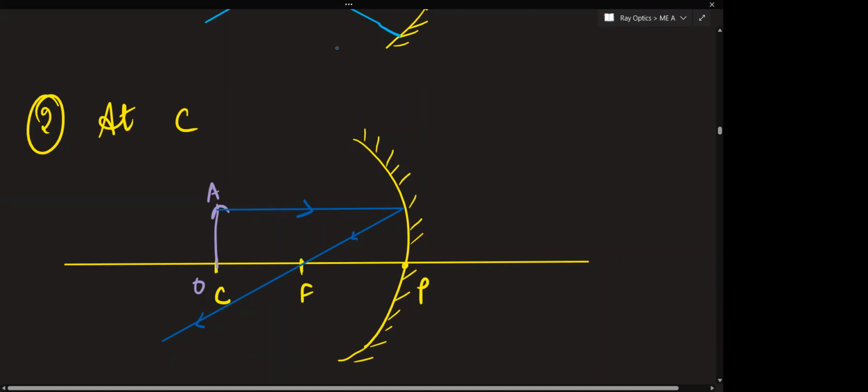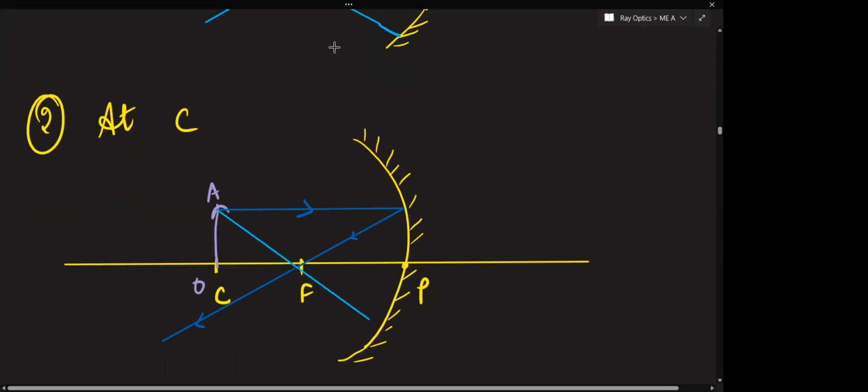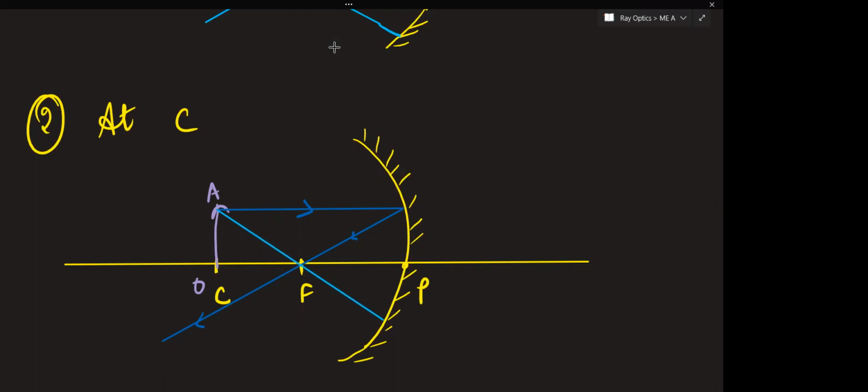See, the second ray of light will pass through the focus because the center of curvature is not now available. When a ray of light passes through the focus, what have we studied? That it becomes parallel. So this will also become parallel now.